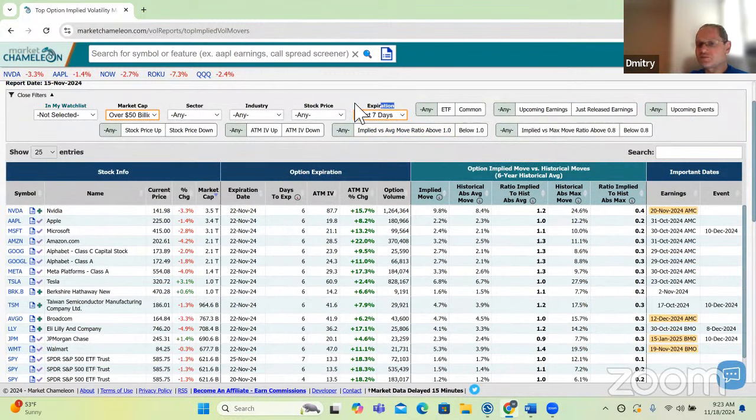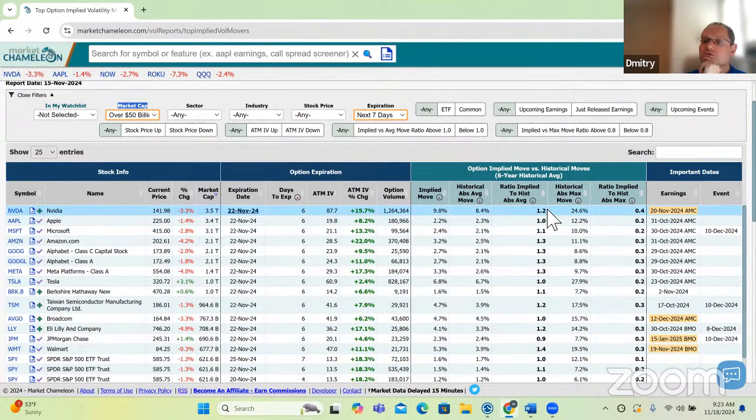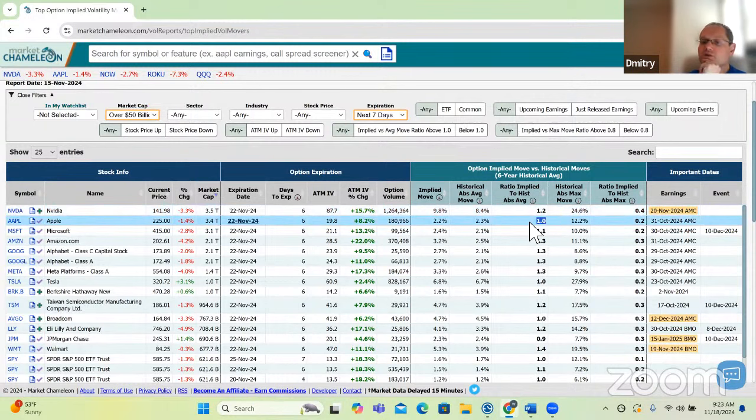I changed the expiration to show me just the next 7 days, and market cap of $50 billion or higher. Let's say I wanted to sort by the highest ratio.